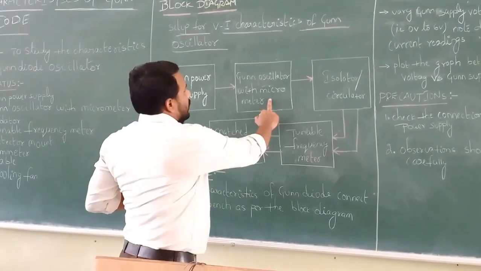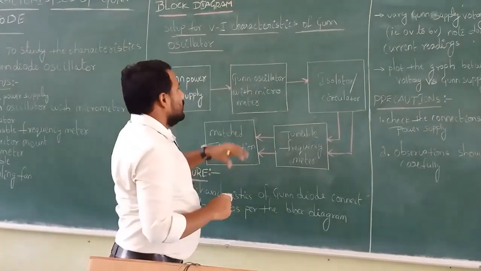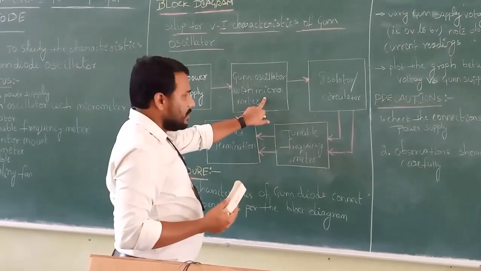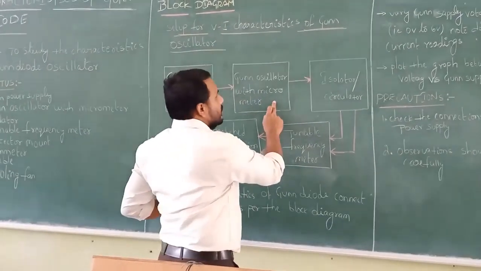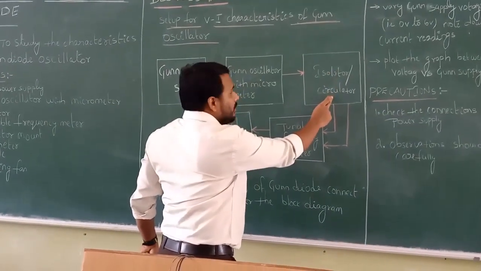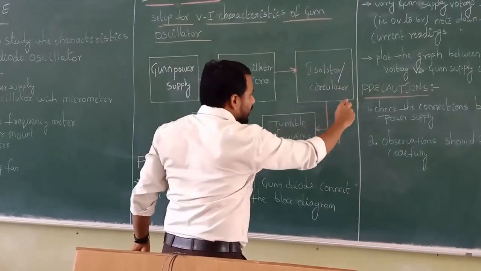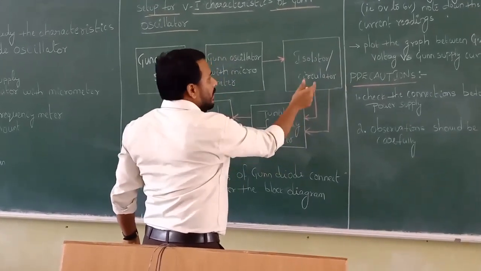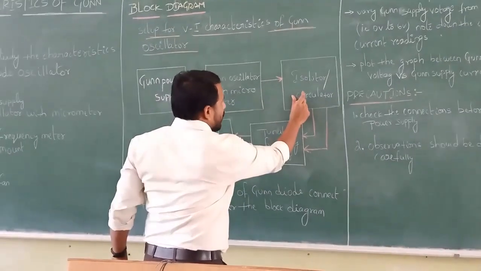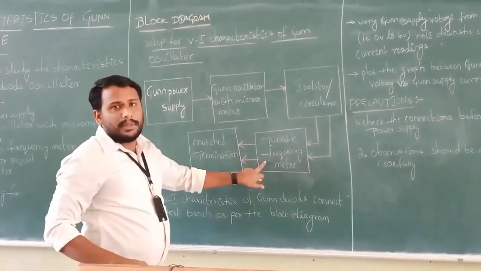So here the Gunn diode generates the microwave energy, and that microwave energy passes through the isolator or circulator, which redirects the microwave energy that reaches it towards the tunable frequency meter.